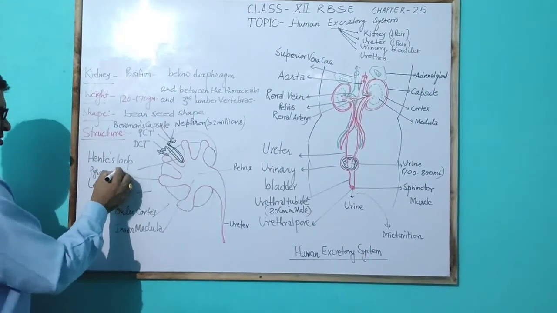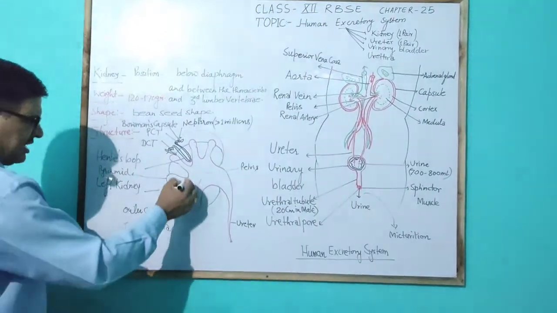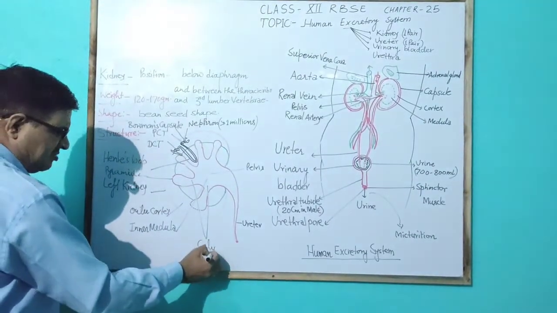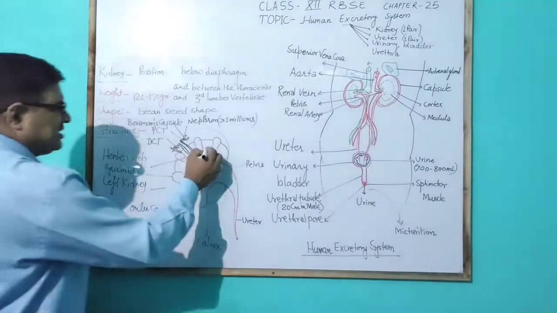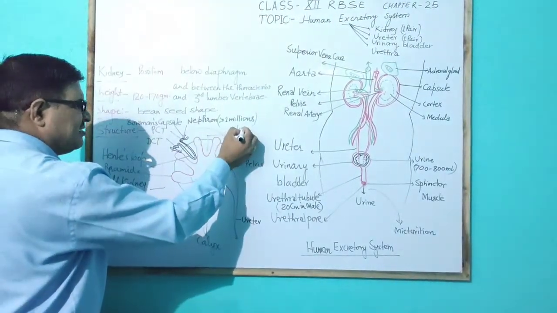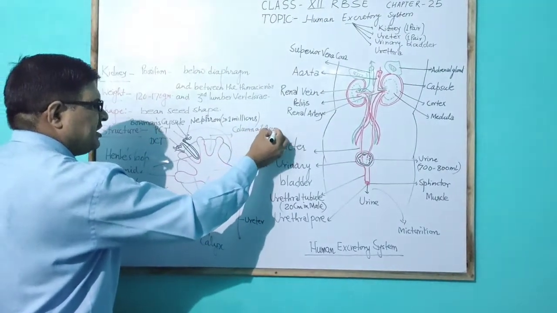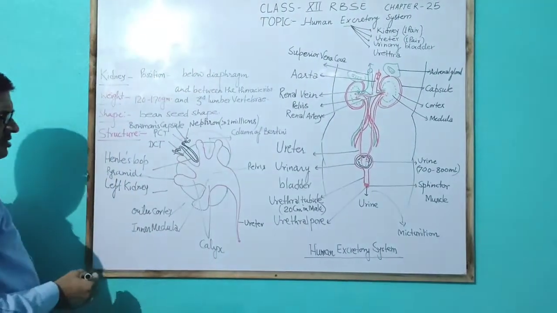This part is pyramid shaped, known as the pyramid. Between the branches are called the calyx. Between the calyx, this loop part is called the column of Bertini, named in honor of the discoverer.